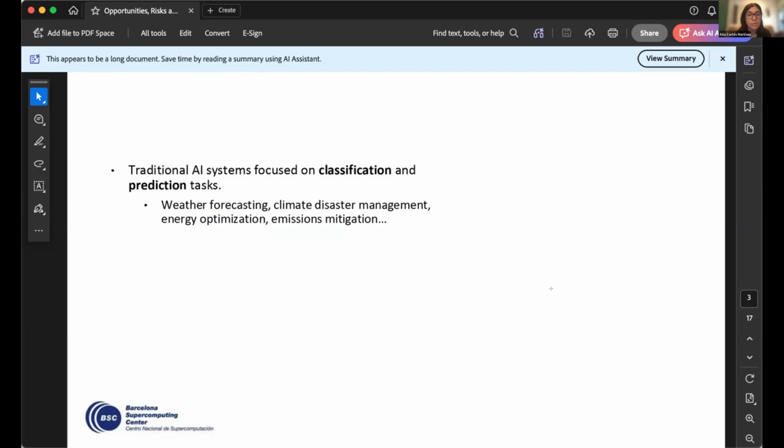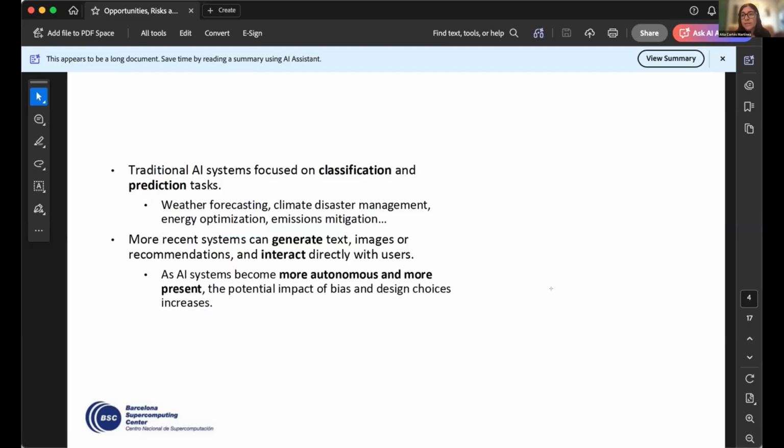In the domain of climate, for example, they were used for weather forecasting, also to manage climate disasters like predictions, protocols, energy optimization, emission mitigation, etc. Now that we are using all this generative AI that Ivan was also introducing before, these AI-based systems can generate text, images, and then from there recommendations, for example, and interact with the users in a more direct way.